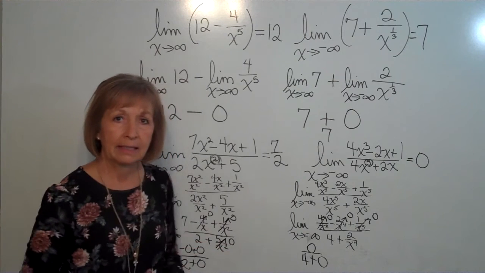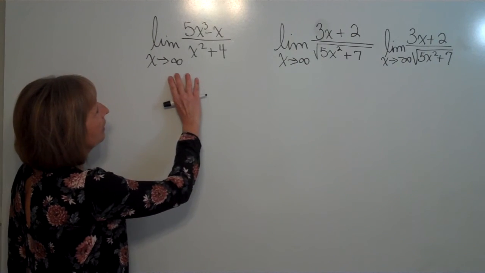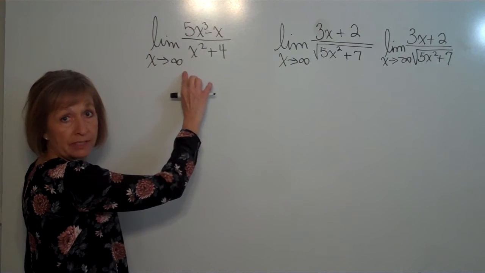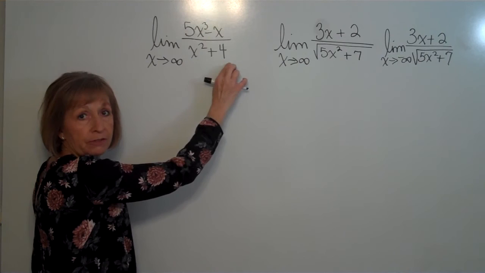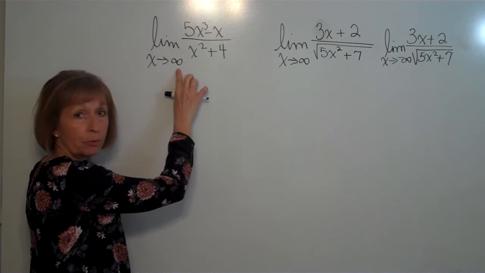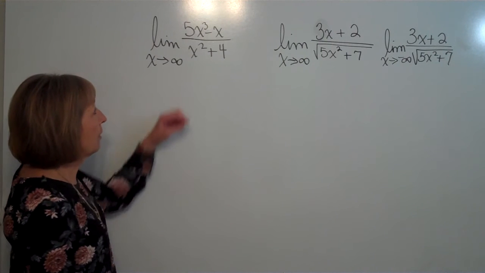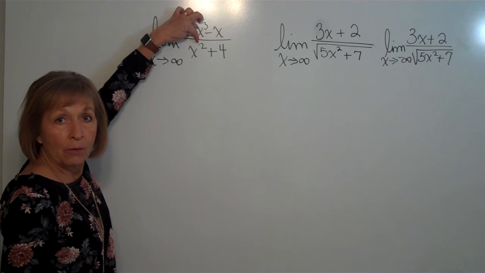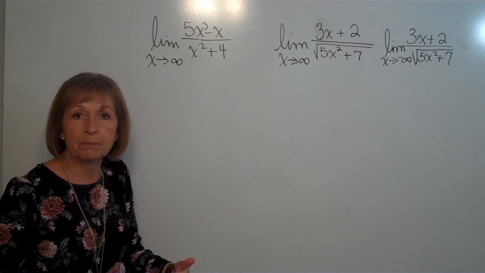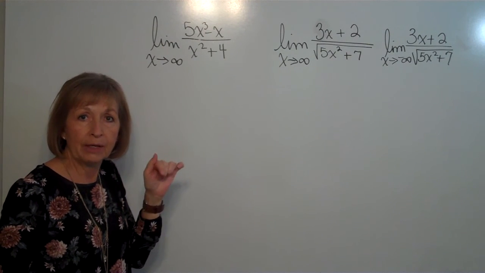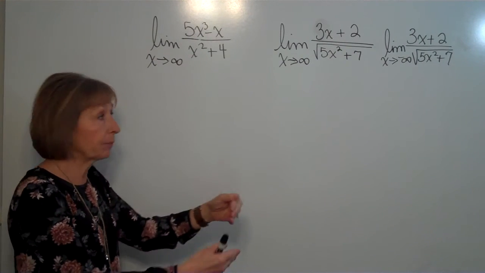So let's look at these examples. Here I have the limit as x approaches infinity of 5x cubed minus x over x squared plus 4. Now it says x approaches infinity, or if it were x approaches negative infinity. So I'm going to look at the highest power in the denominator and divide everything through by that. And really what I'm doing is building the fraction 1 over x squared over 1 over x squared and distributing it through.